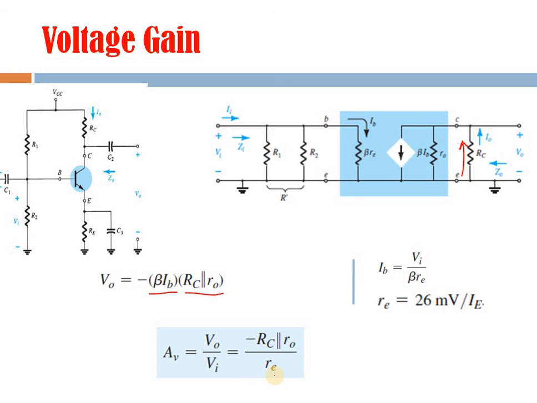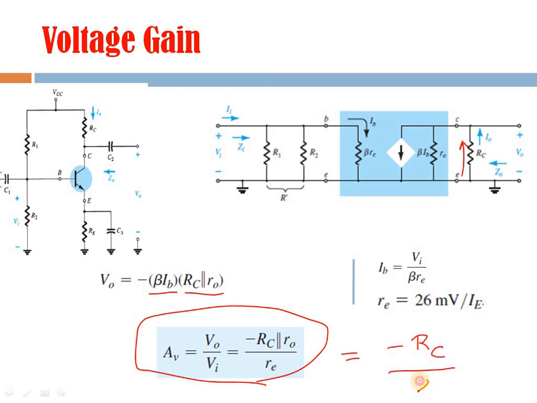So this is the equation of voltage gain. And as we discussed earlier, this R0 is very large. So in that case, most of the time this voltage gain is normally RC divided by RE, and this RE is given by this equation.